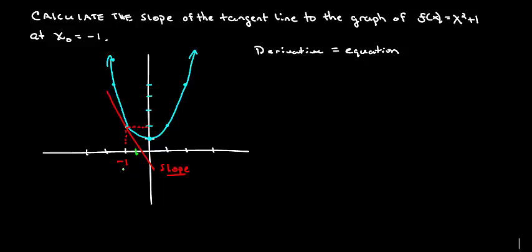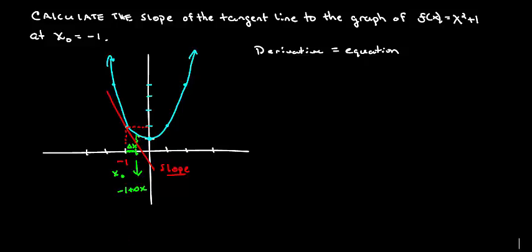Now this right here was our initial point, x naught. This point right here, we're going to let it go over just a little bit, and that little bit we're going to call delta x. So we're going to take the delta x value and add it to -1. So this guy right here is -1 plus a little bit.